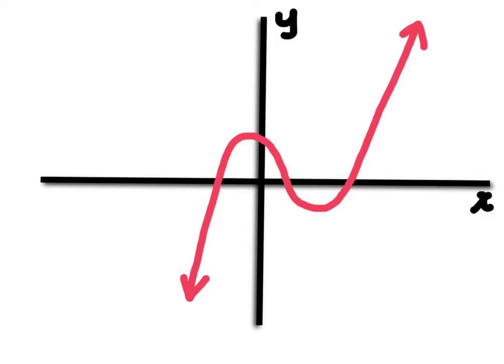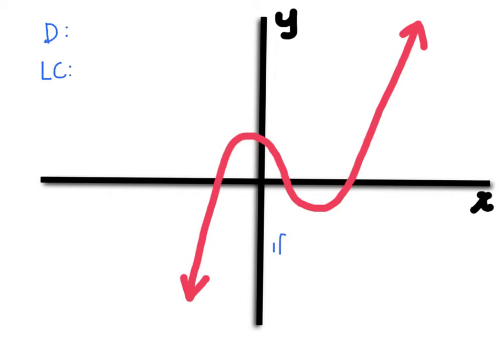Okay, so you guys try this graph. I want to know what the degree is, what the leading coefficient is, and what the end behavior is. So what is the degree? What is the leading coefficient? And what are the end behaviors? So remember, the end behaviors are two sentences.